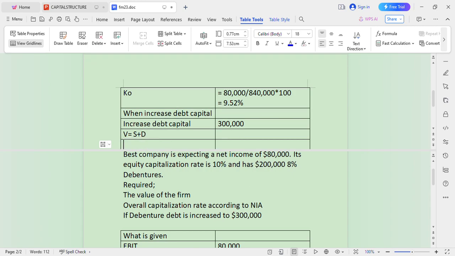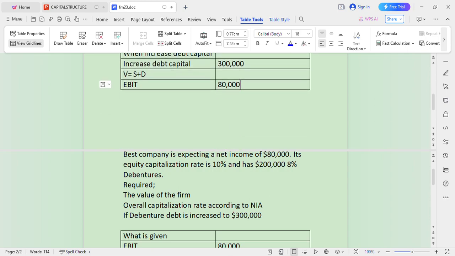So EBIT, earning before interest and tax, is 80,000 as per the question, less interest on debentures, 8% on 300,000.